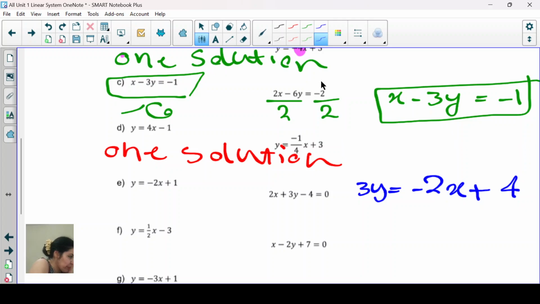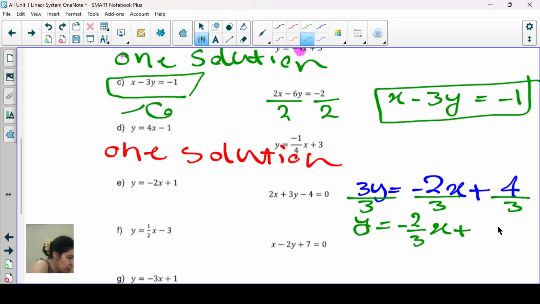And then divide both sides by 3, y equal to, you can bring x out, negative 2 over 3 x plus 4 over 3.